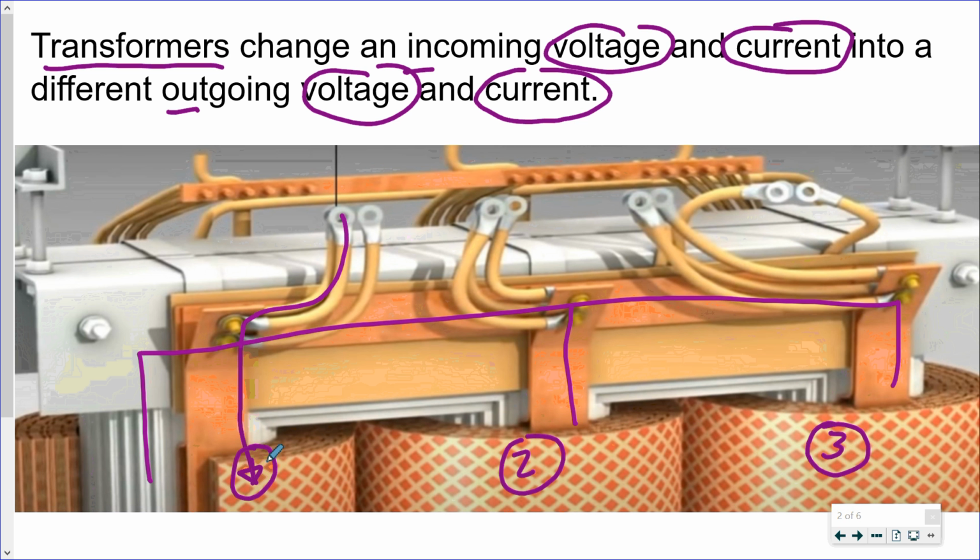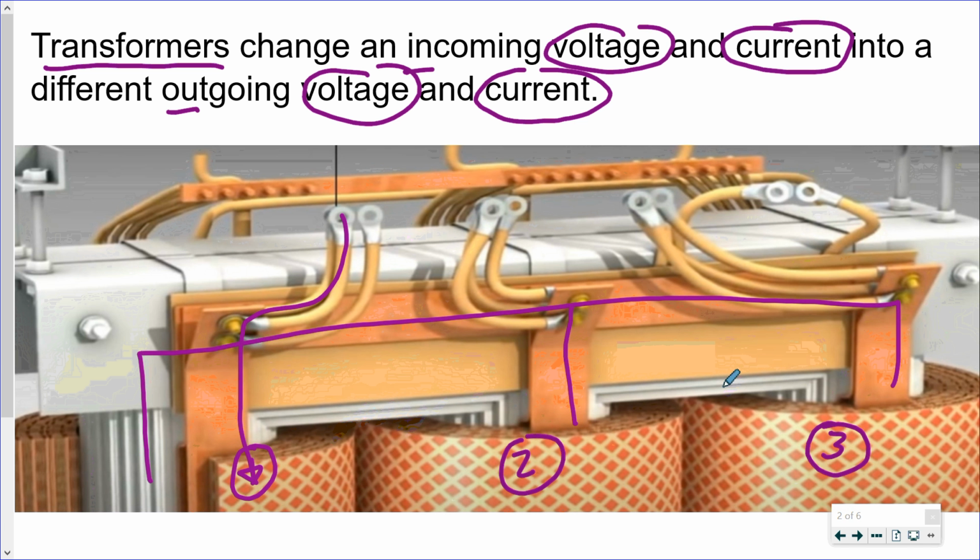So overall, the way that it's going to work is we're going to have a current that's coming into the first solenoid. We have electrons that are going to be moving through the conductor. And remember, whenever you have a moving charge, that induces or creates a magnetic field. Well, that magnetic field is going to be transmitted through this soft iron core or laminated core. There is no actual connection between the conductors in these different solenoids.